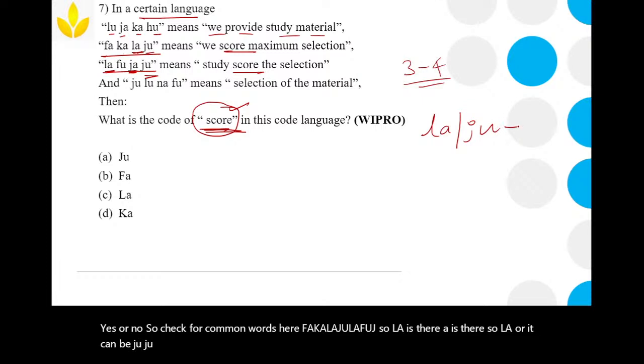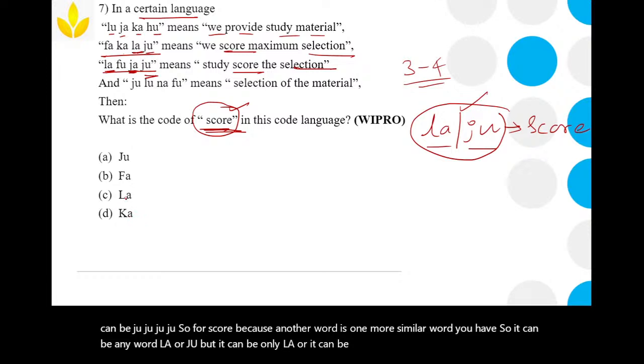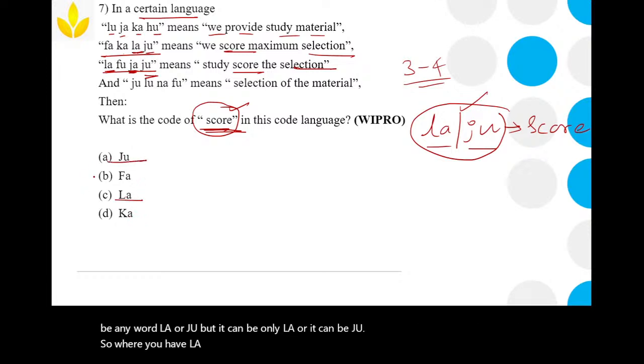Because another word, one more similar word, you have. So it can be only LA or it can be JU. So where you have LA here and JU here, now these two are eliminated.